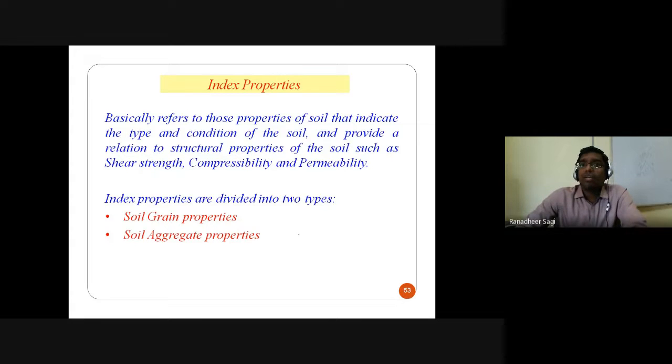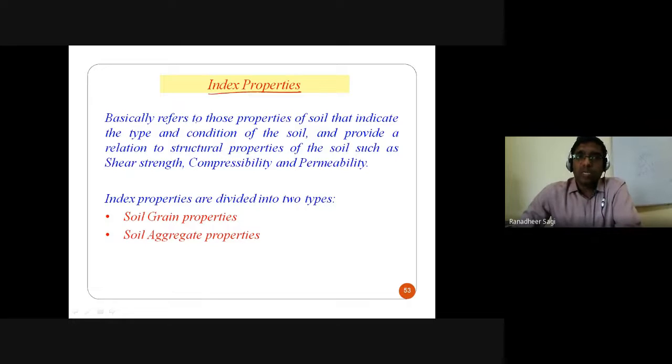So next, to move on, we are going to be talking about something very important in this complete geotechnical engineering, that is index properties. Whenever we talk about the properties of the soil, we broadly categorize those properties as index properties and engineering properties. These index and engineering properties are going to govern the behavior of the soil.